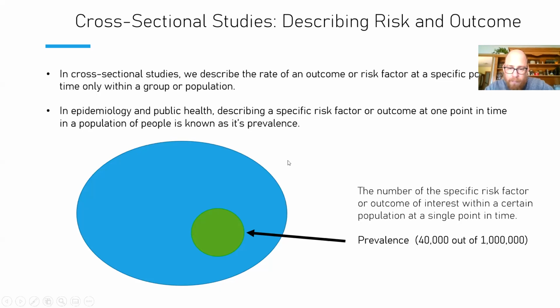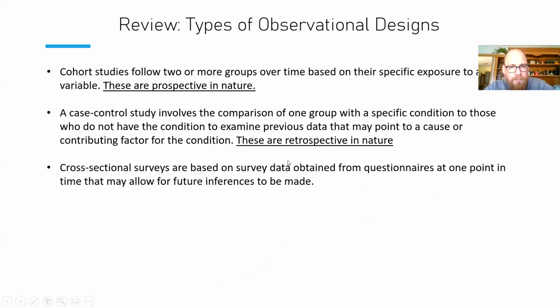Okay. So we remember this, right, from a few weeks ago. So observational designs, okay, types of designs. Now, here's the deal. With types of observational designs, the one thing that you notice about these is that all of these are observational in nature, right?